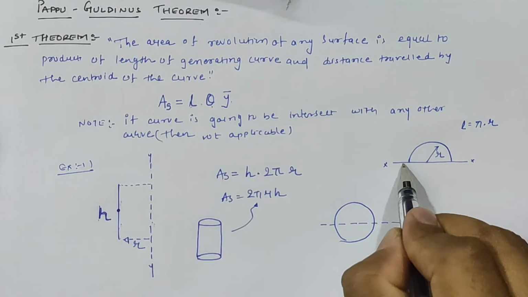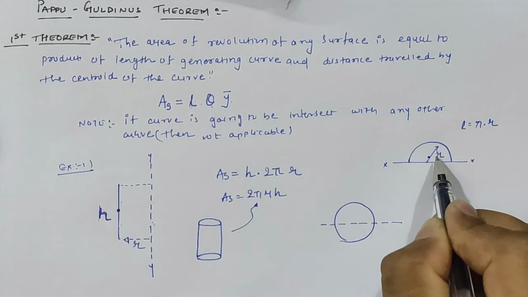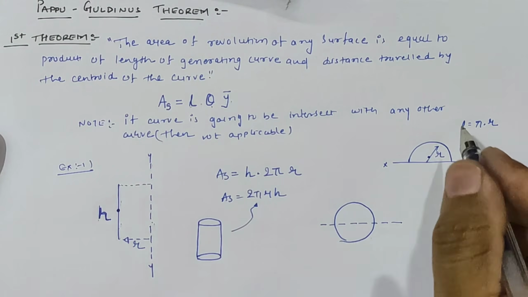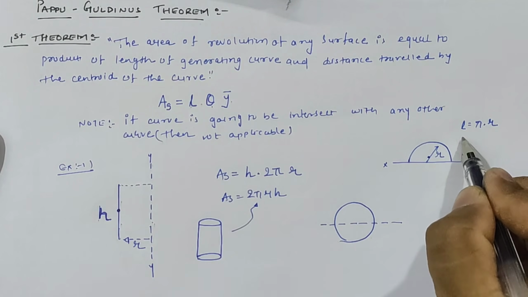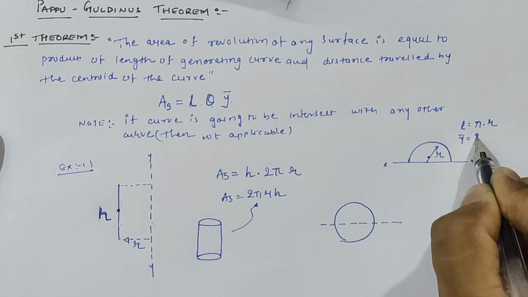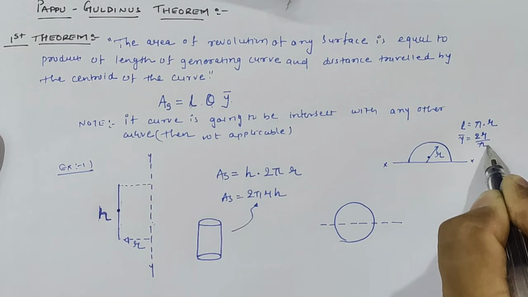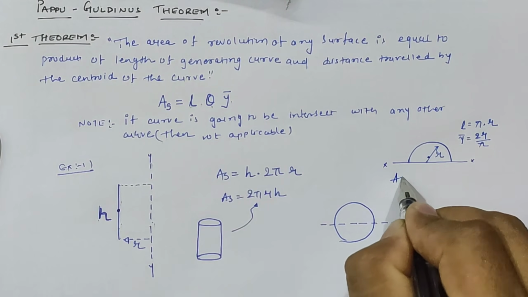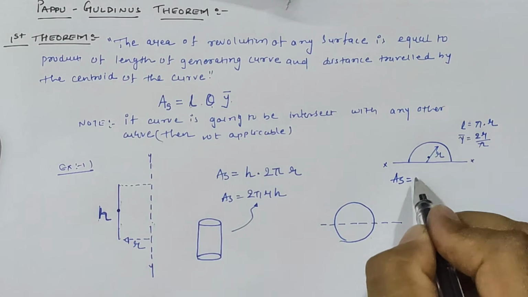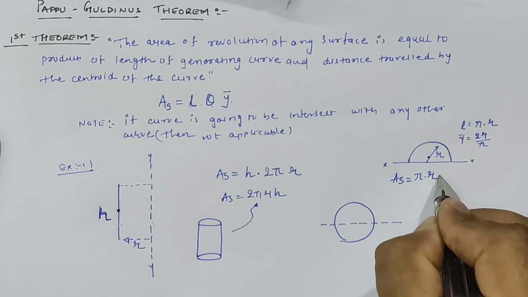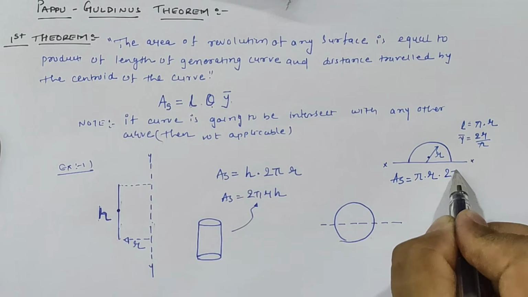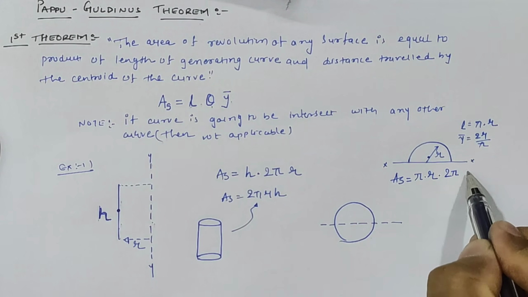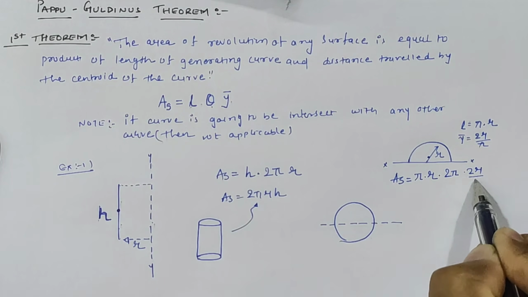From the x-axis the CG distance is 2r by pi for the lamina. So our y bar is equal to 2r by pi. Now let us put the values in the equation. Then A_S is equal to L as pi r, theta as 2 pi, and y bar as 2r by pi.